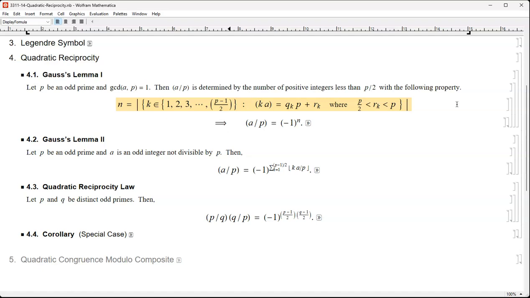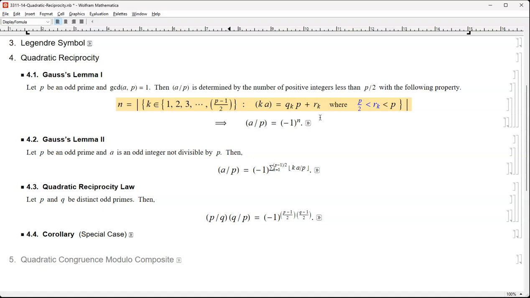But not all of them will qualify. We need an additional condition. Divide ka by p, with q for quotient and r for remainder, and the remainder has to be greater than p over 2. That's the main condition. Remember, this is a remainder, so if I divide by p, then the remainder has to be greater than or equal to 0 and less than p.